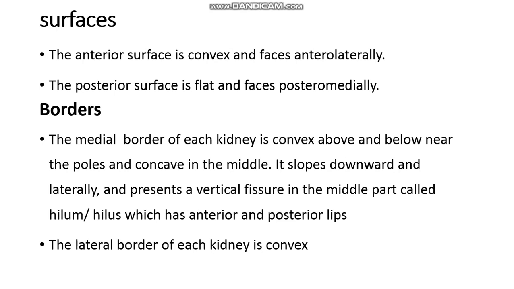The posterior surface means the back surface of the kidney, which faces posteriorly and medially, that is, posteromedially. Its shape is flat. So the anterior surface is convex in shape and the posterior surface is flat in shape.